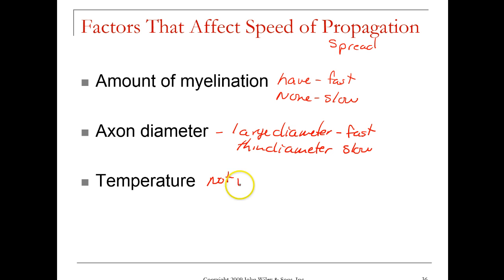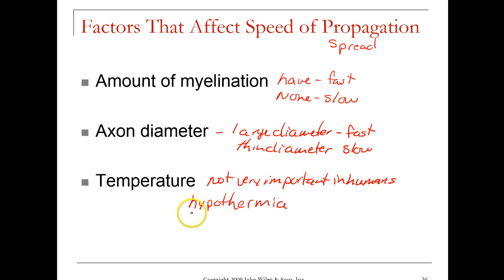But this is not very important in humans. You may be wondering why I'm mentioning it. Well, what if a person had hypothermia? Do you remember what hypothermia would probably mean? Hypo means low, thermia is temperature, so it's a low body temperature.